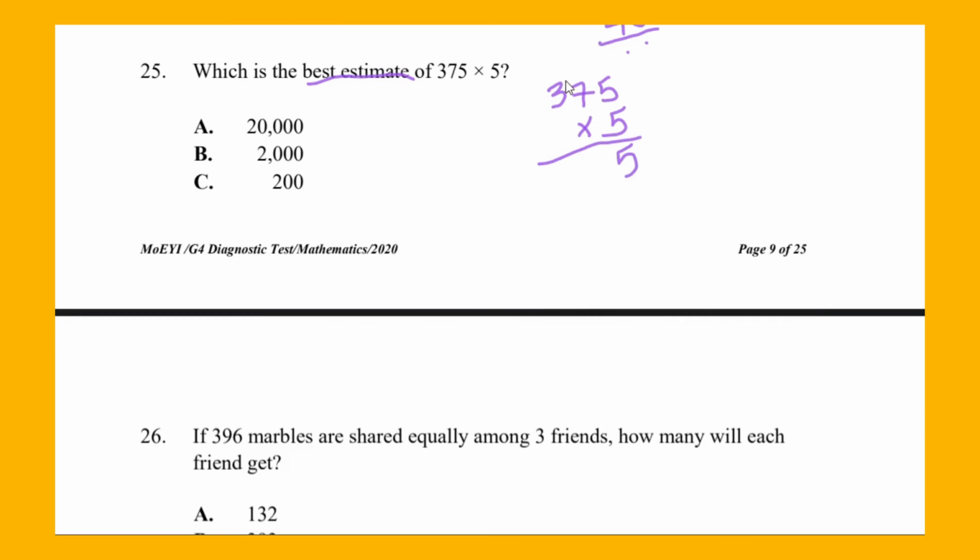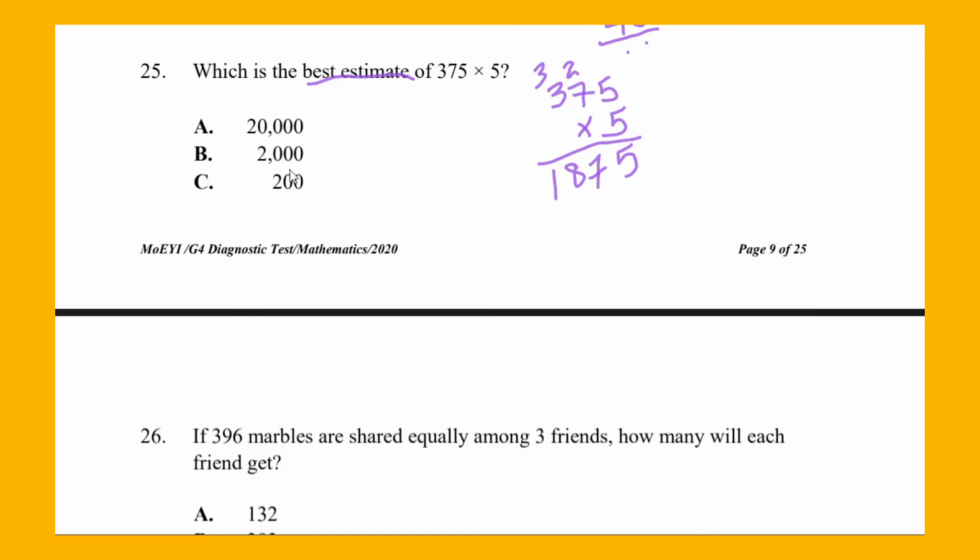You write down the 5 and we carry the 2 to the next place. 5 times 7 is 35 plus 2 is 37. We write down the 7 and we carry the 3 to the next place. 5 times 3 is 15. 15 plus 3 is 18.